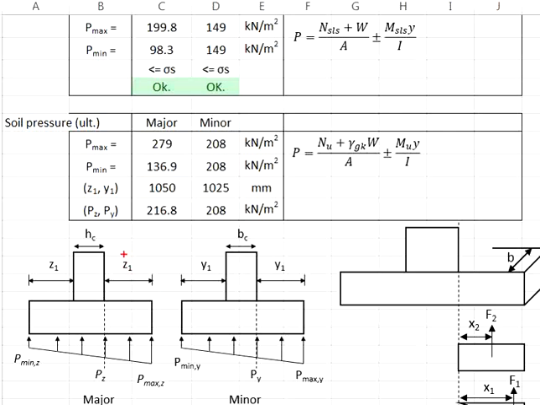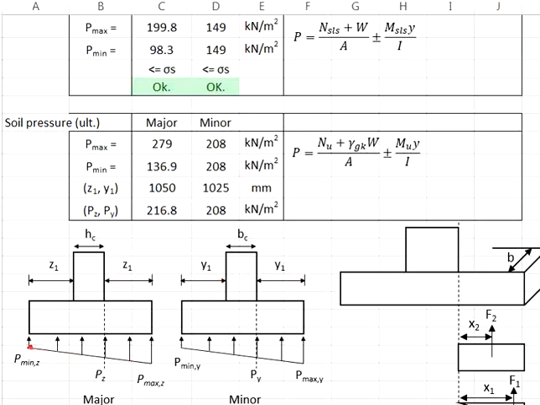Now we're going to determine the dimensions Z1 and Y1. Z1 represents the dimension from the column face to the edge of the pad footing in the major direction, whereas Y1 represents the dimension in the minor axis. How do you determine the Z1?